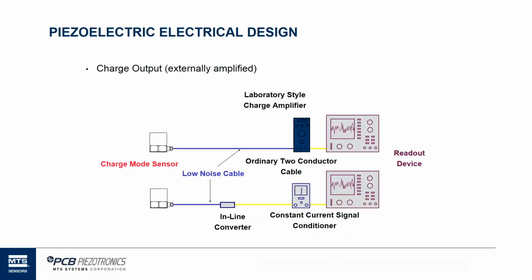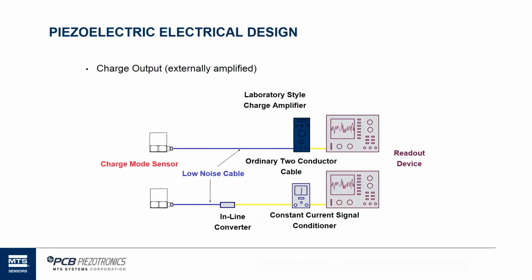We go into more depth on these piezoelectric ones because it's the most common type. We have what we call charge output accelerometers, or AKA externally amplified. So I mentioned a couple of times before in the previous diagrams on the crystals, they are wired directly to an amplifier.